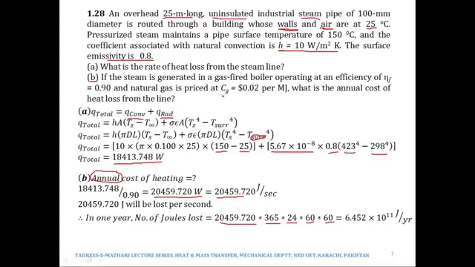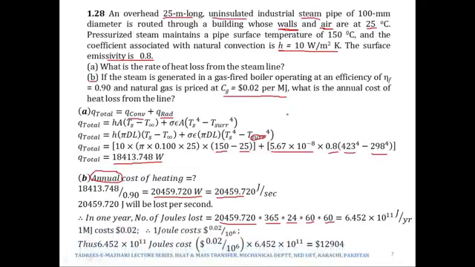And now since the cost of the gas is $0.02 per megajoule, 1 megajoule costs $0.02, so therefore 1 joule will cost 0.02 divided by 1 mega, so 0.02 divided by 10 exponent 6. How many joules are being lost? 6.452 exponent 11.